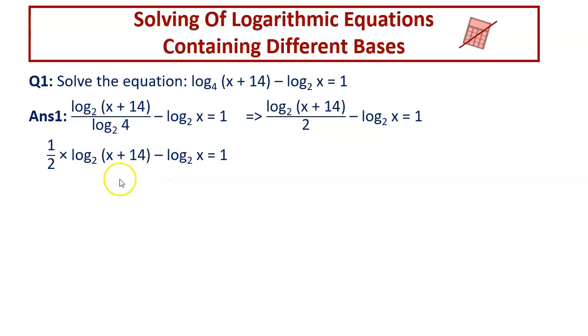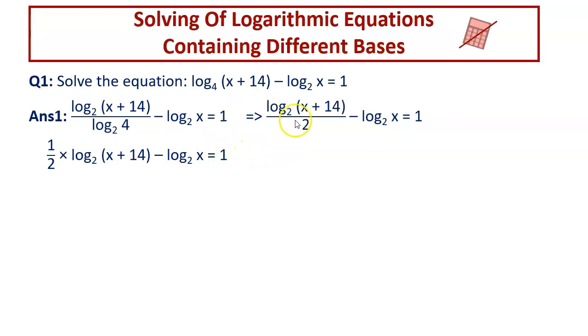So it is up to you to decide which method you will be choosing, or which method is coming to you directly. I could have used the second method as well, but when I was solving this equation, this method came to me. So I wrote this. It is not that I don't know the second method, but I have used this method for solving this equation.